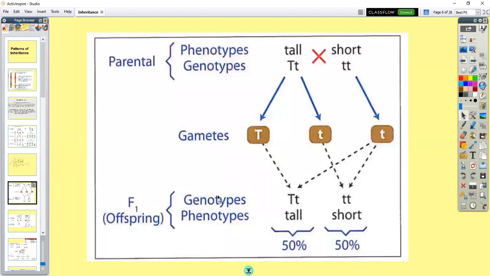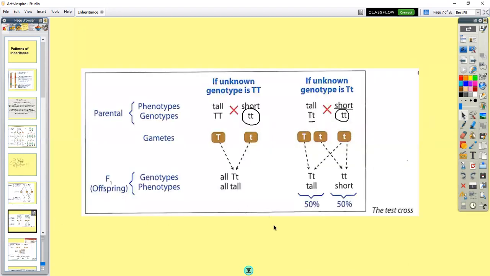Okay, another typical cross is a heterozygous crossed with the homozygous recessive. In this case that will give you a 50-50 or 1-to-1 ratio, and that is the same as what we call a test cross or back cross.